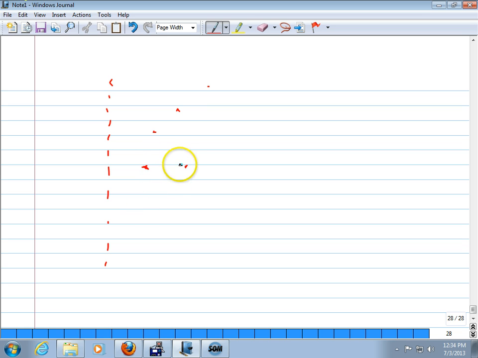If you measure the distance from this point to this point and this point to this line, that's the point that's equidistant to the point and the line. And you get a parabola. Pretend it's a parabola.